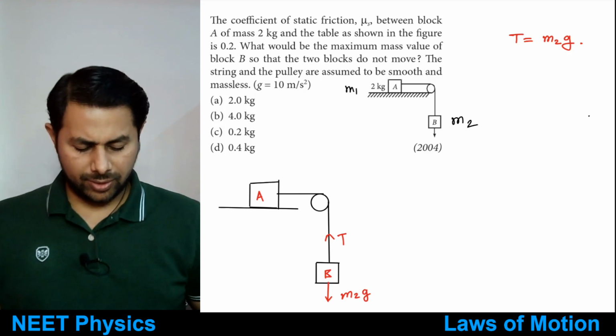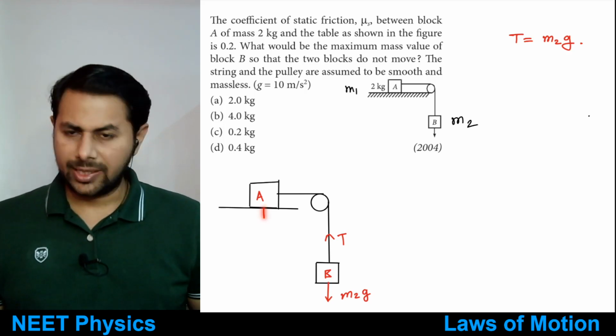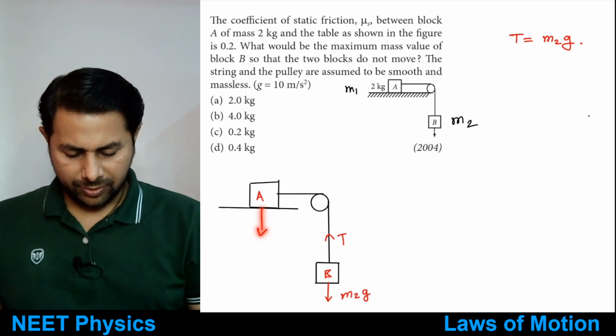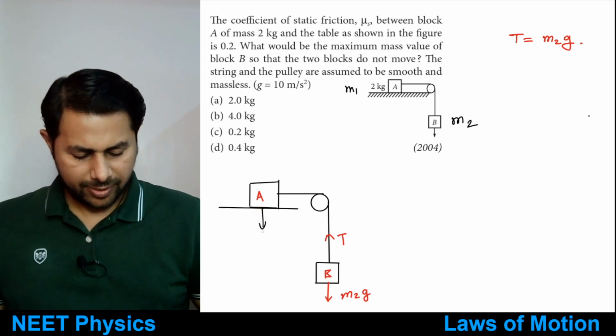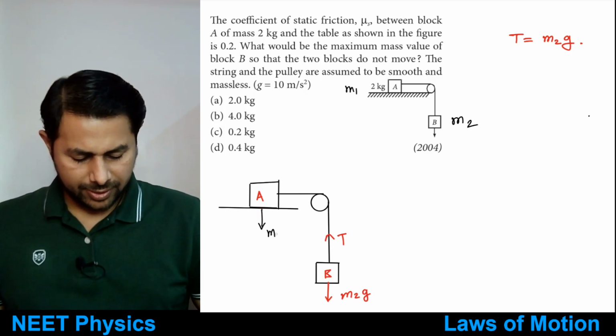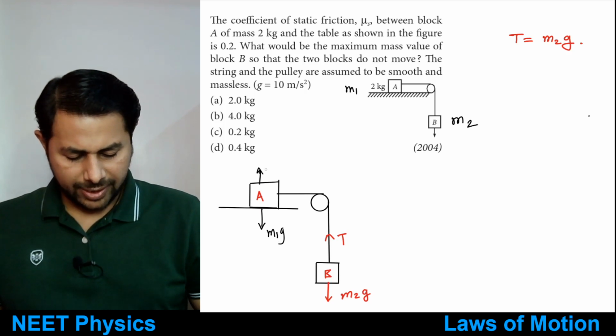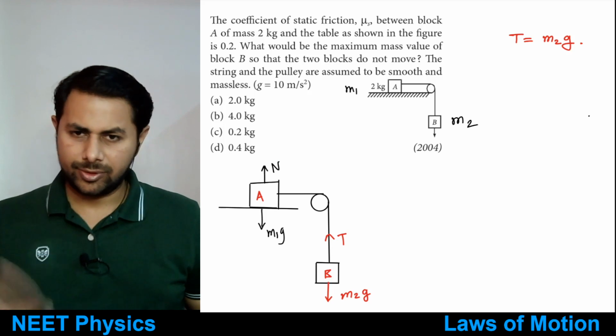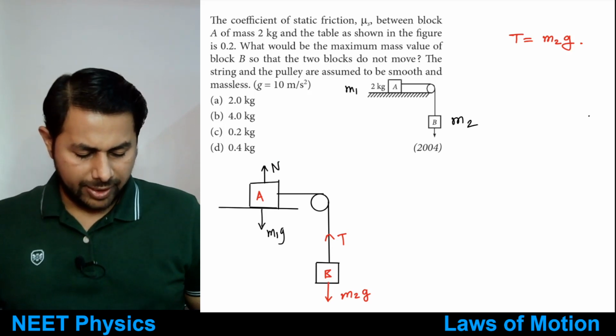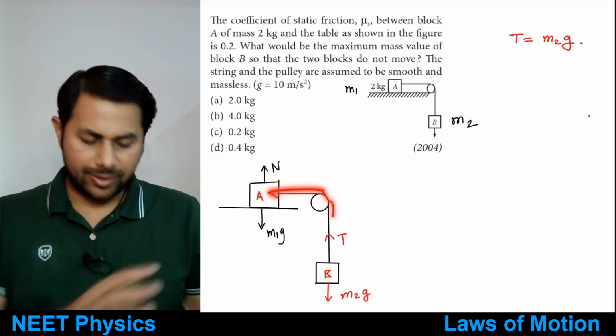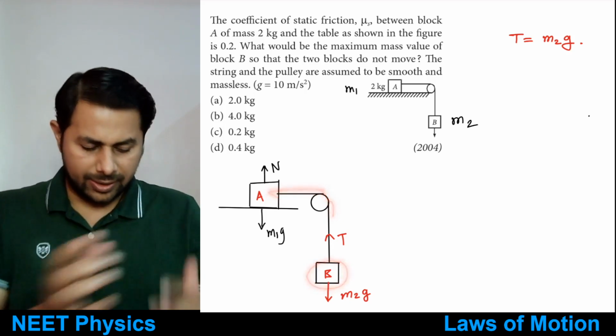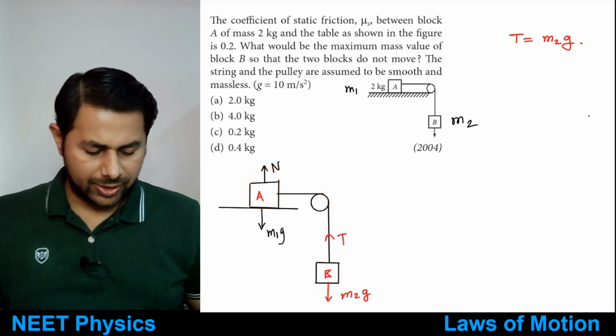Okay, now think of this one. What are the forces acting on this one? There is the weight acting downwards, but it is balanced by the normal reaction. This is m1g, normal reaction is N, so N is equal to m1g, so no need to think about that. But then the string is pulling it, or actually this weight is pulling this system in the downwards direction, right?